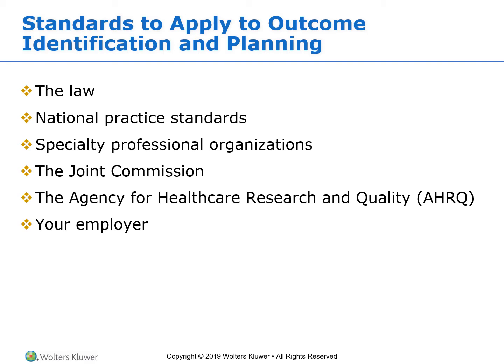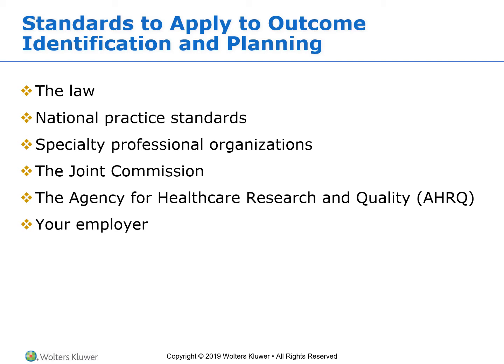So on this slide, when we talk about the law, it is your State Nurse Practice Act, as it outlines the scope of the nursing practice. Your State Board of Nursing also outlines what you are allowed to do or not to do. National practice standards, such as those of the American Nurses Association, also provide guidelines.